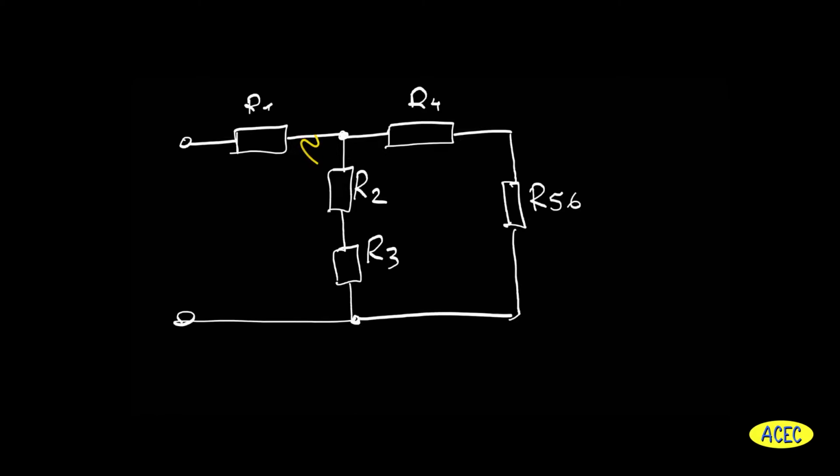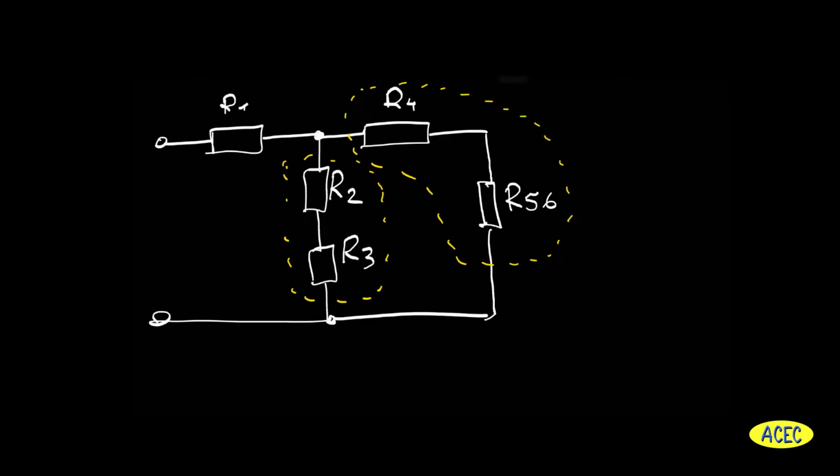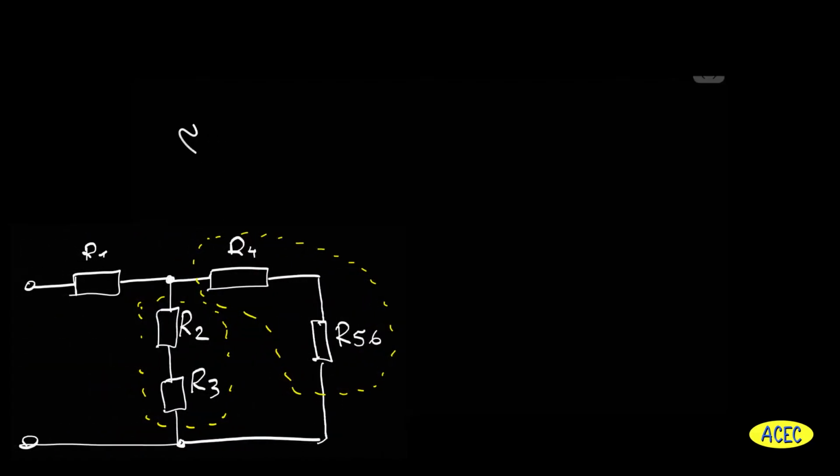And on this step we will find the equivalent resistor R23 as a serial connection of two resistors R2 and R3, and the resistor R456, which is also a serial connection of two resistors R4 and R56.